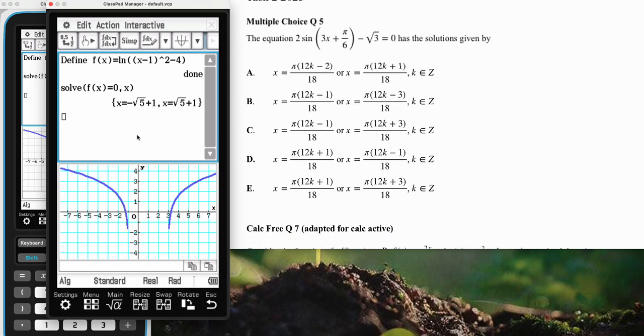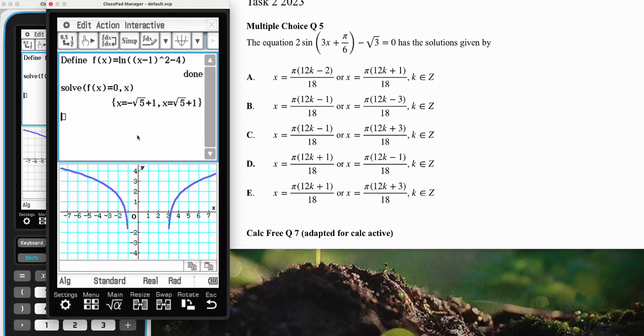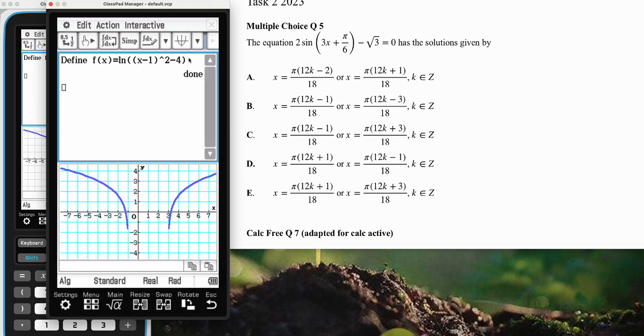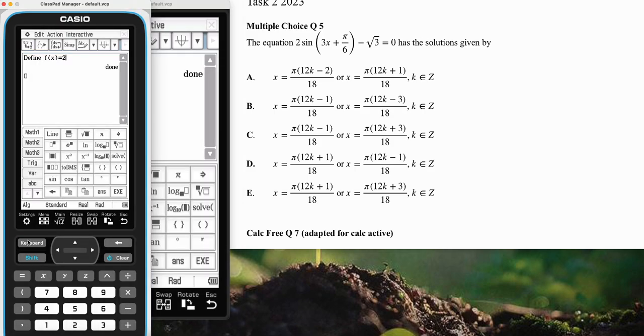Next. Oh, I love this question. Task 2, 2023. As usual, please put that equation into your calculator. I'm going to leave the f of x there because I'm going to define it. Keyboard.